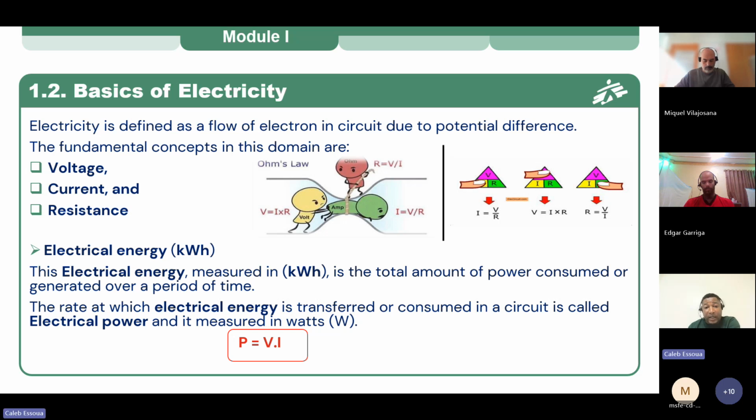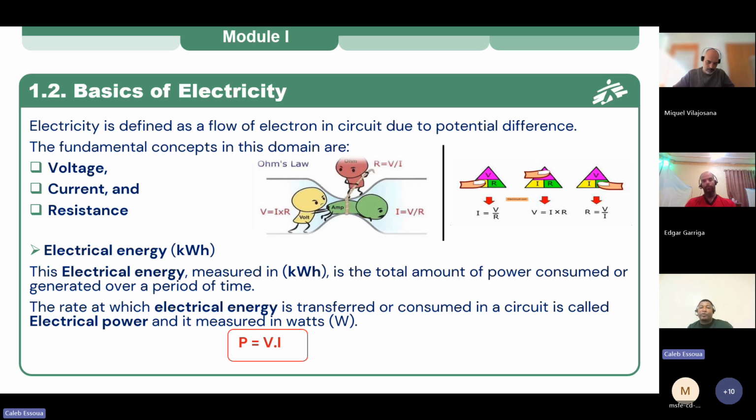And you can use Ohm's law to determine the current, the voltage, and the resistance. If you get used to this, it will help you a lot with basic calculations as logisticians.